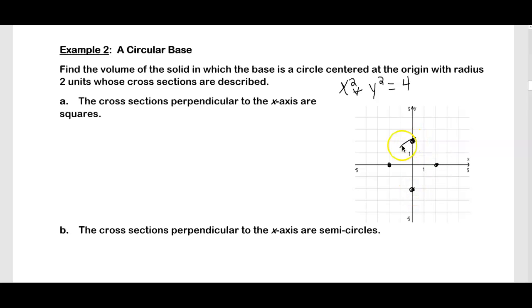So y squared is 4 minus x squared. Y equals plus or minus the square root.